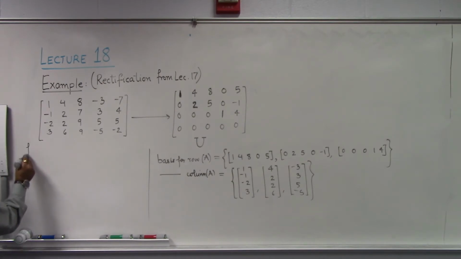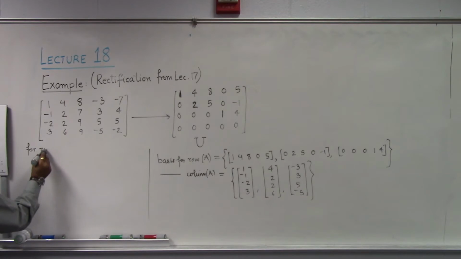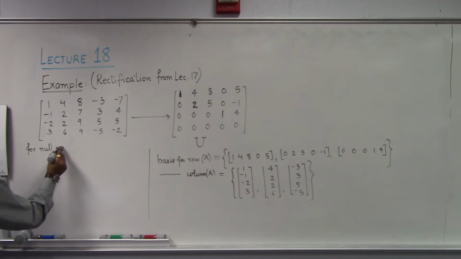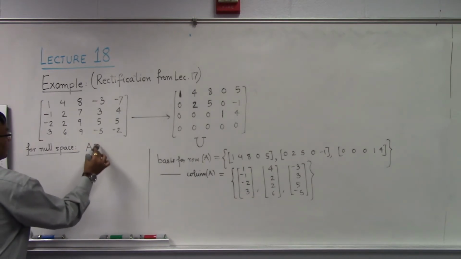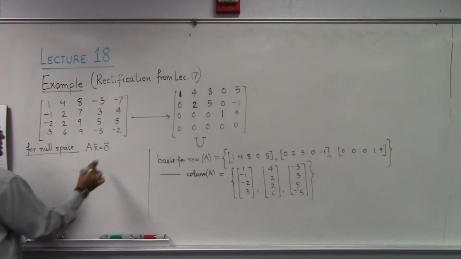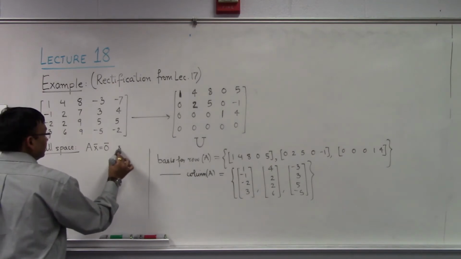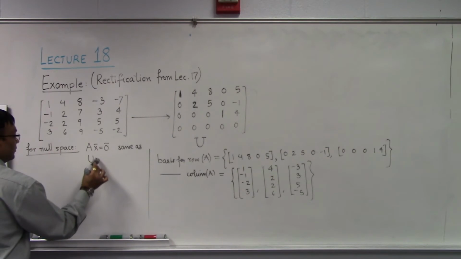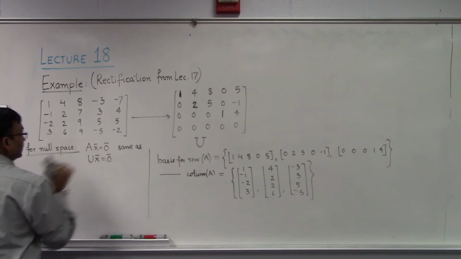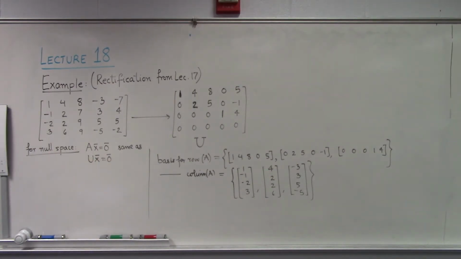So for the null space, I know that the solution set for Ax equals 0 is the same as the solution set for Ux equals 0. Both have the same solution set. So I will use the echelon form as follows.